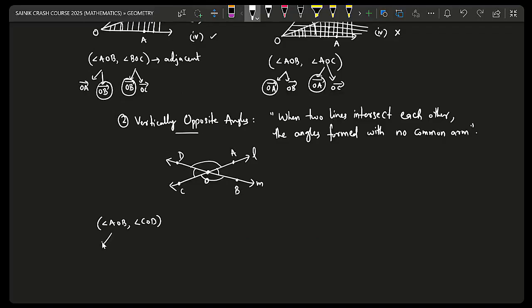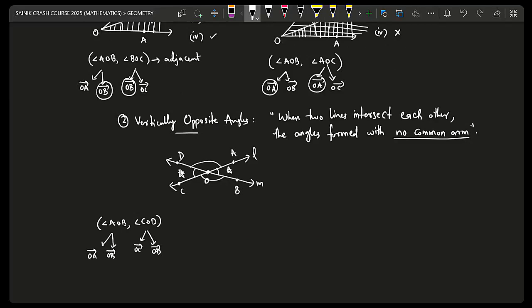Angle AOB, what are the arms? Ray OA, ray OB. What are the arms of angle COD? Ray OC, ray OD. Are there any common arms you are observing? No common arms. So the condition also says no common arm. So angle AOB, I'm using a star here, and angle COD, I'm using a star here.